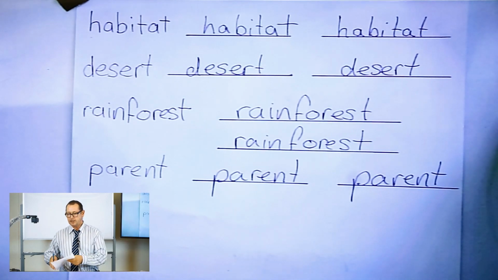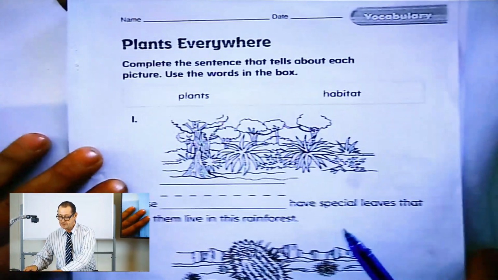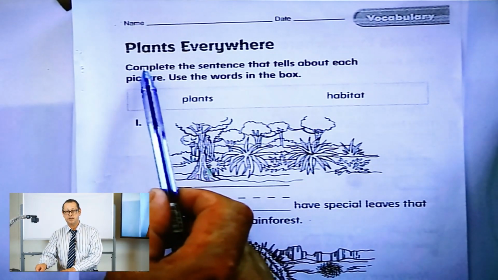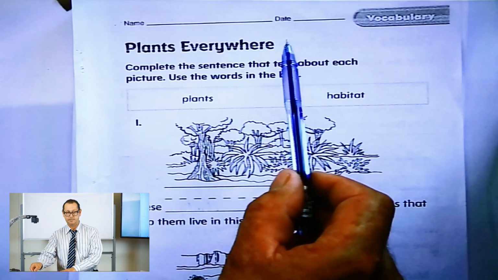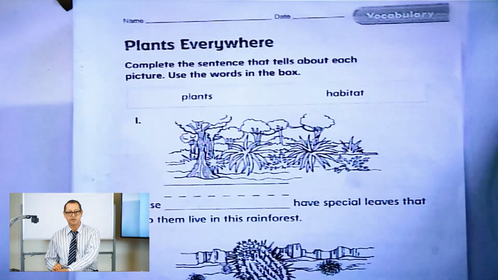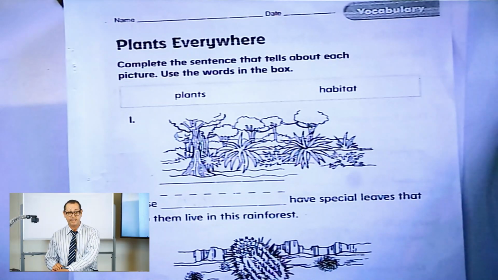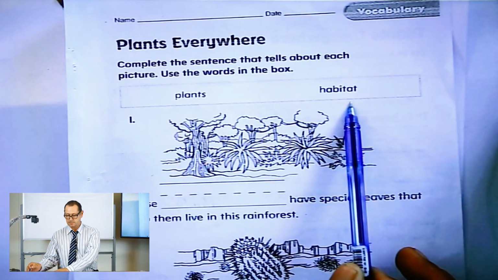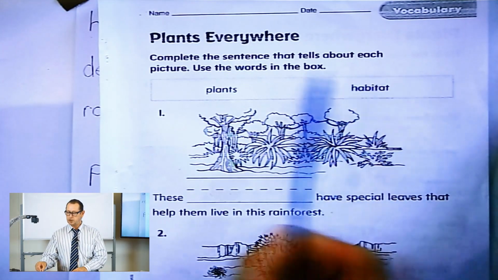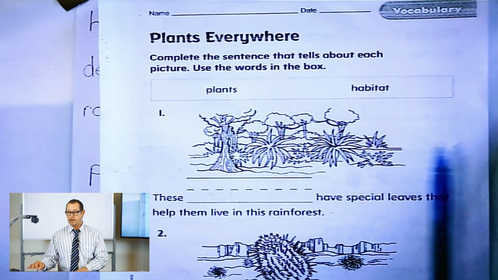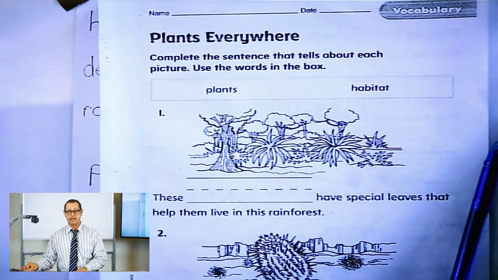Okay, now we are going to look at some questions. Plants everywhere. It says, complete the sentence that tells us about each picture. Use the words in the box. If we take a look in the box, we only have 2 words, plants and habitat.